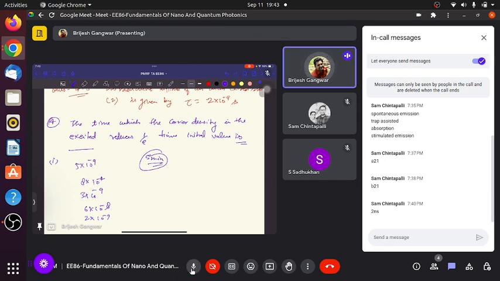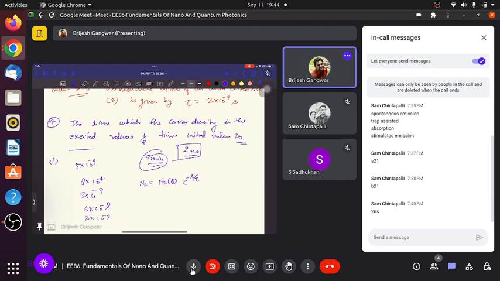Yes, 2 nanosecond is the answer. How did you solve it? E power minus t by tau, sir. So the relation you can find: n2 is equal to n2 at time 0 into e to the power minus t upon tau, right?